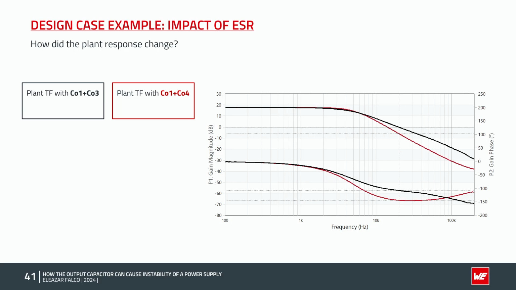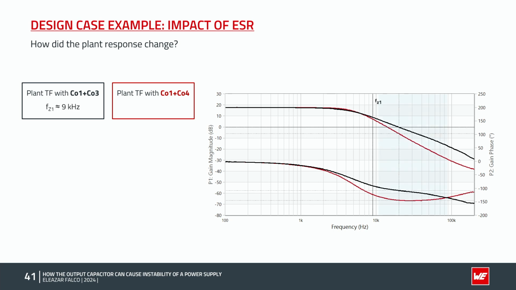So in which way could just this moderate ESR difference change the plant characteristic enough to cause this unstable behavior? Here we see the measured plant response with the electrolytic capacitor CO3 in black and with the H-chip polymer capacitor CO4 in red.